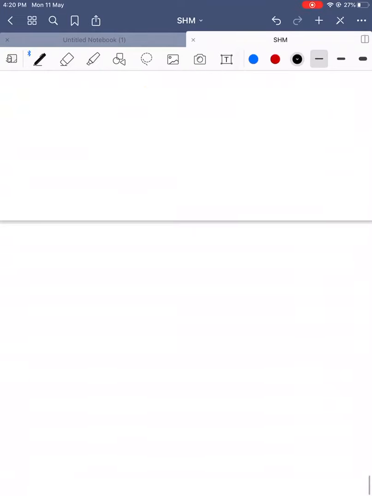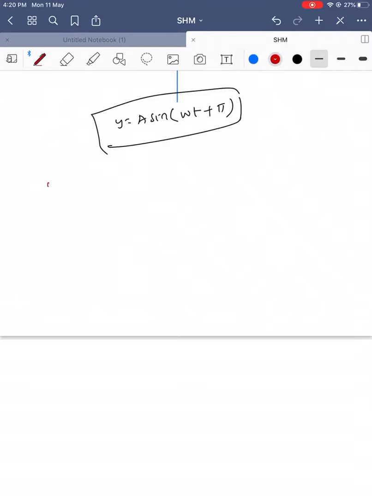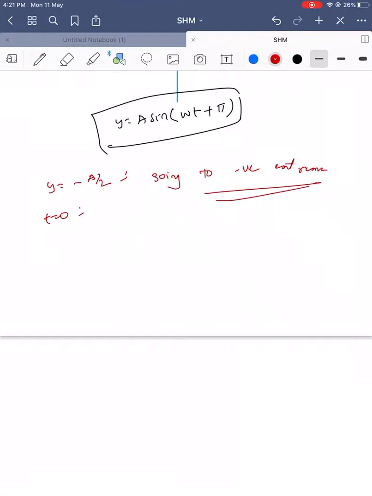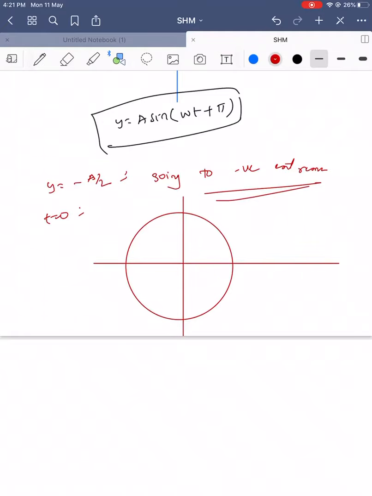Next, similarly, at y is equal to minus a by 2 at t is equal to 0, going to the negative extreme, and the graph y x. Minus a by 2 means two positions are there, 1 and 2. From these two positions, which one is minus a?